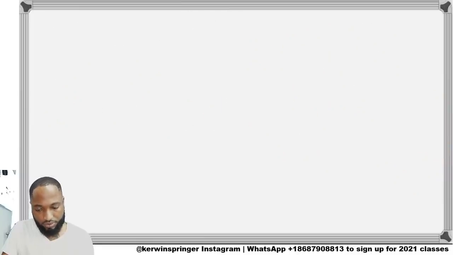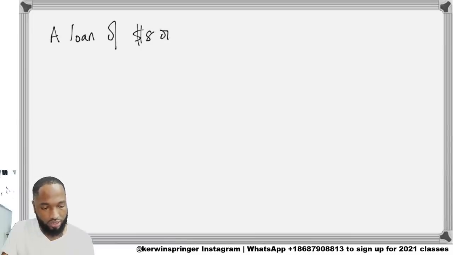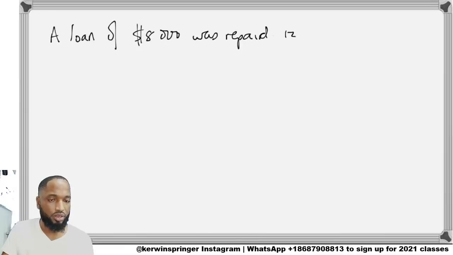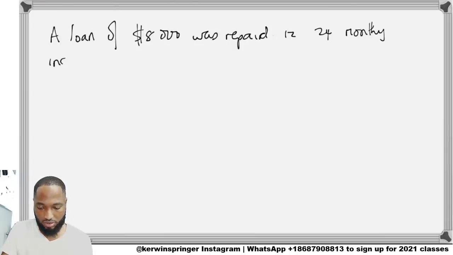Next question. A loan of, this is from Jamaica, 8,000 was repaid in 24 monthly installments of 400.